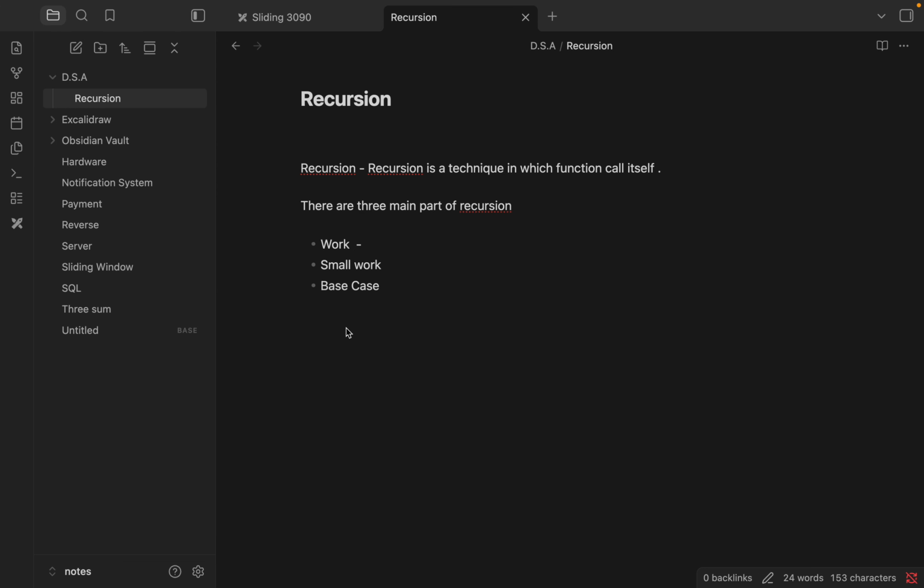Now let's understand these terms with an example. We are going to find the value of factorial 5 with recursion.